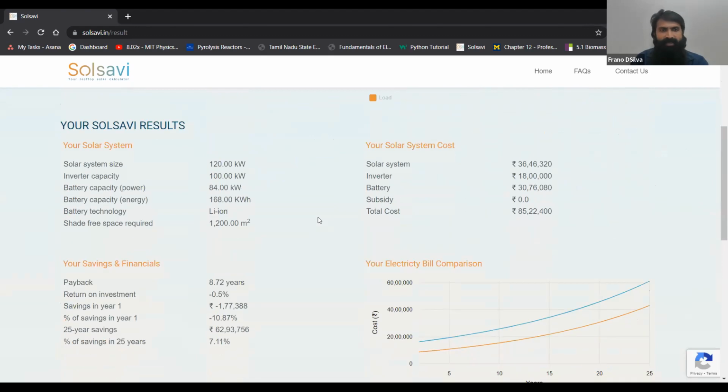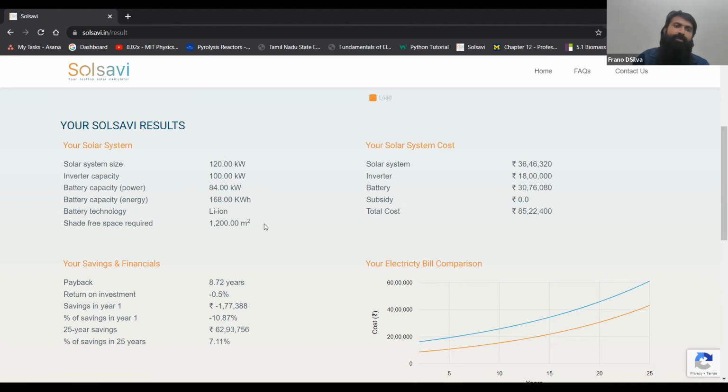We come to the midsection of the results, where we find the results for the financial analysis for our system. As you can see on your left top, we find the details of the selected solar system, the suggestion for the inverter size, the battery capacity, the selected battery technology, and the shade-free space required for the installation of the suggested solar system.